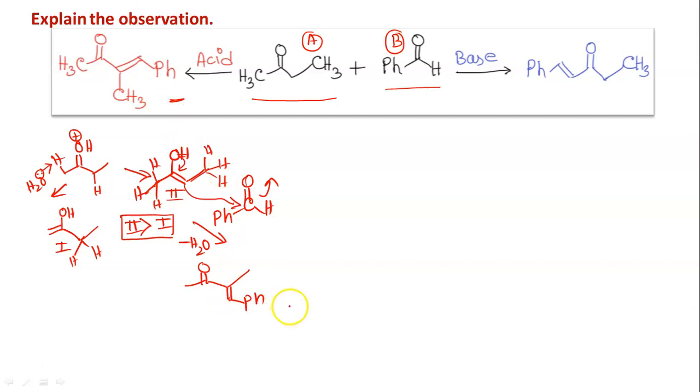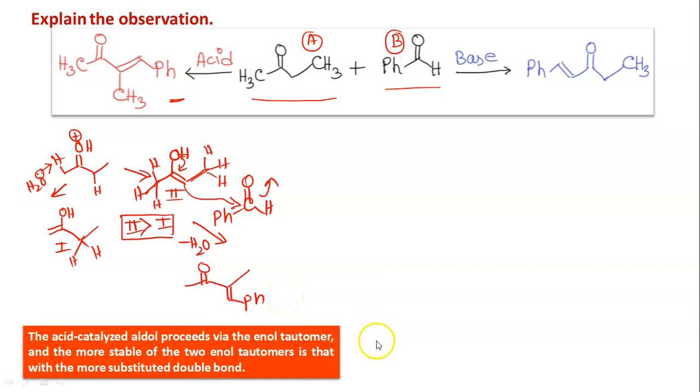I have written it in a different way, but actually this is the same product. So under acidic condition, it proceeds via the enol tautomer, and the more stable of the 2 enol tautomers is the one with the more substituted double bond, that is 2, not 1. From 1 there will also be some product, but 2 will give the major product under acidic condition.